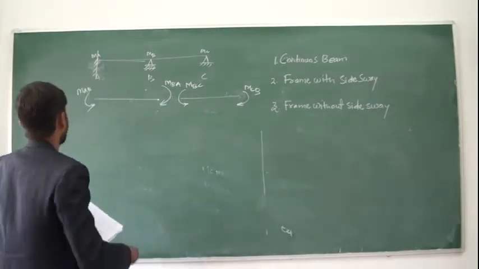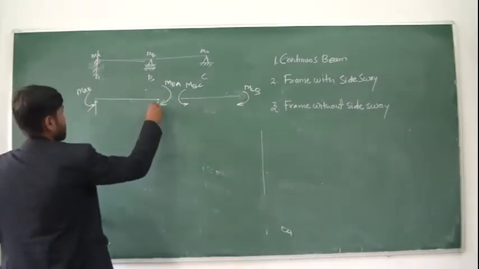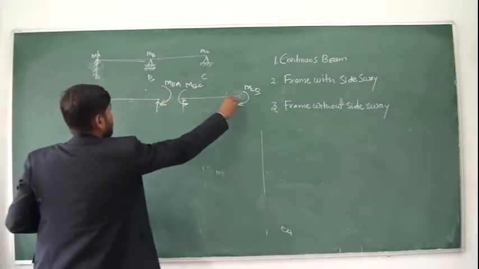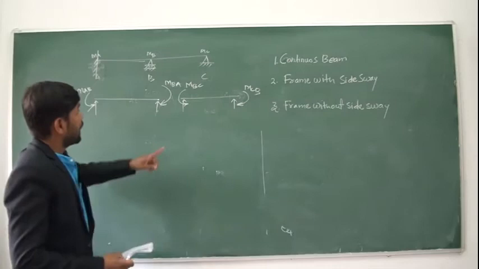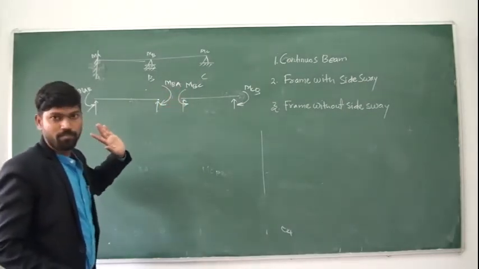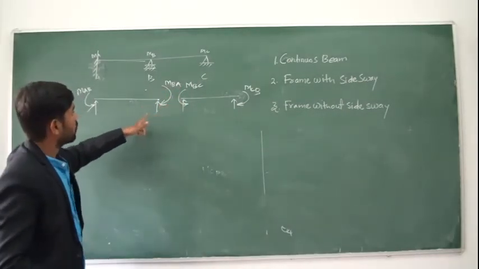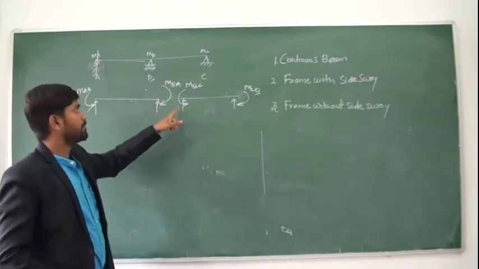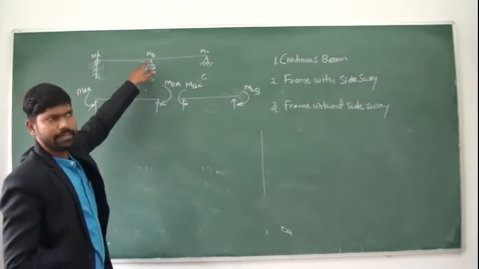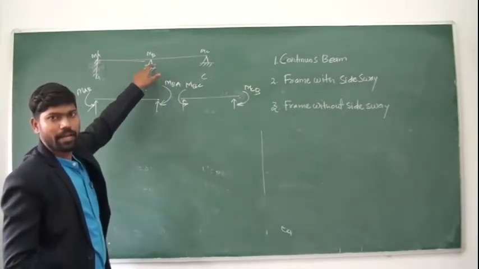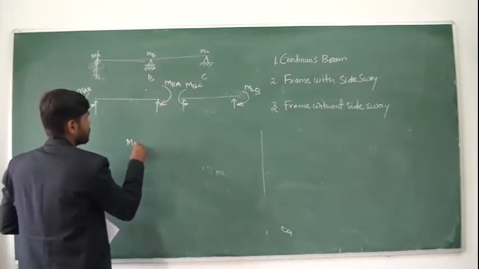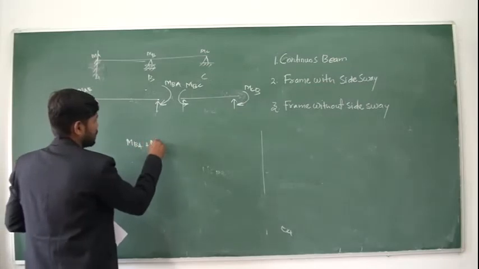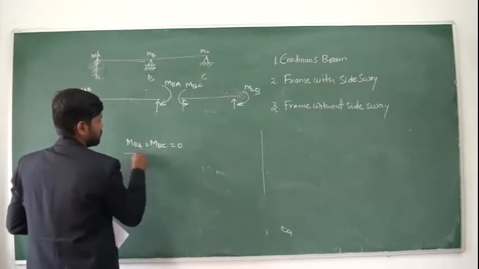Okay. Now see this MBA and MBC. One is clockwise, one is anti-clockwise. It is nothing but MB. Okay. So if you do the addition of MBA and MBC, it should be equal to 0.